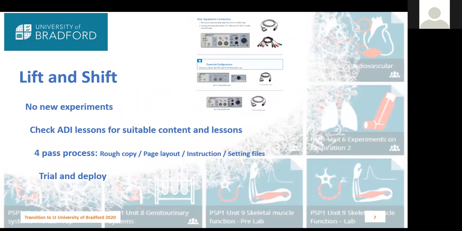So to get to LT from Lab Tutor, because for life sciences we had no change of content, we were going to do a simple lift and shift. So we started the process by looking at the new content that ADI had for LT to see what we could use, swap, borrow, add.